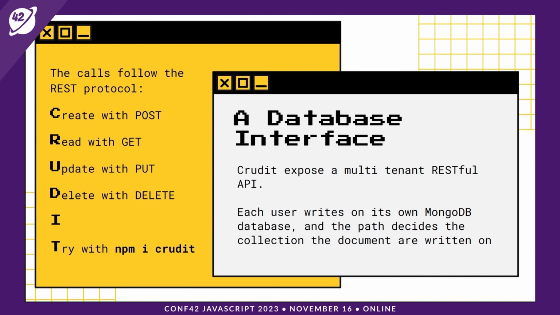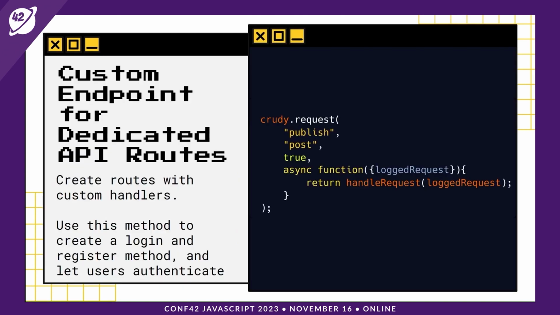You can also create a database with another method we are going to present in a few minutes, but the basic for the just crud part of crudit is like this.